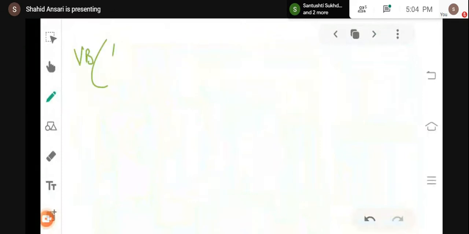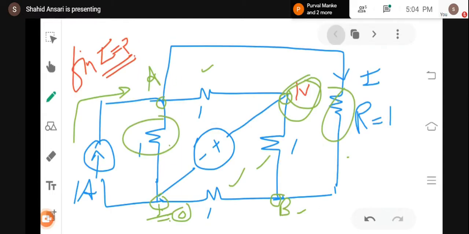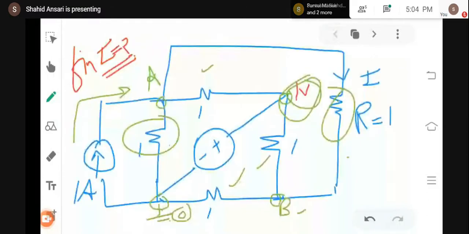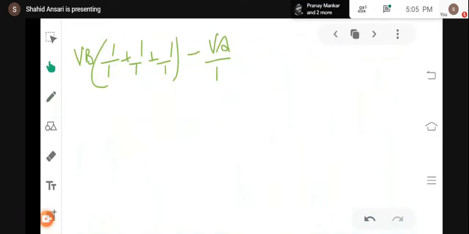Now minus VA divided by 1, and this one, minus 1 divided by 1. We don't have any current source connected here. Again you can simplify it. After simplifying, you will get 3VB minus VA equals 1.